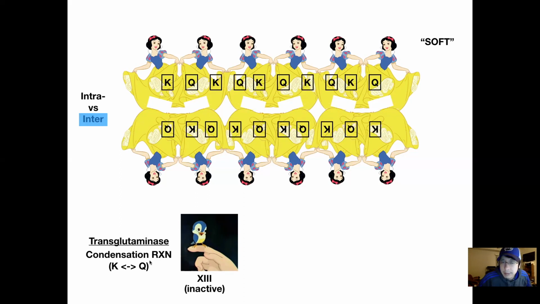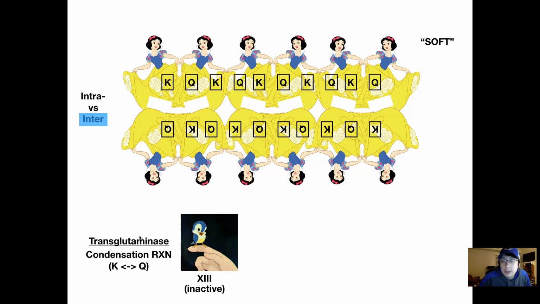This is another type of post-translational modification where a covalent bond is formed. It's kind of like a disulfide bond, except instead of being between two residues with sulfur groups, it's between a lysine and glutamine.